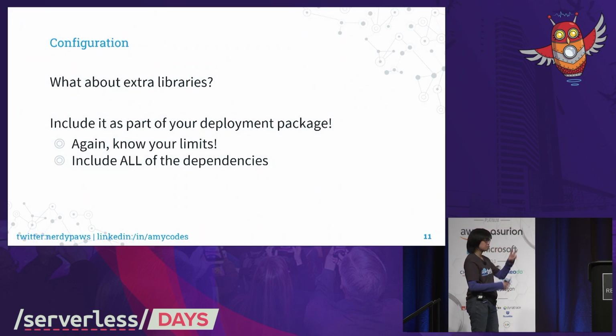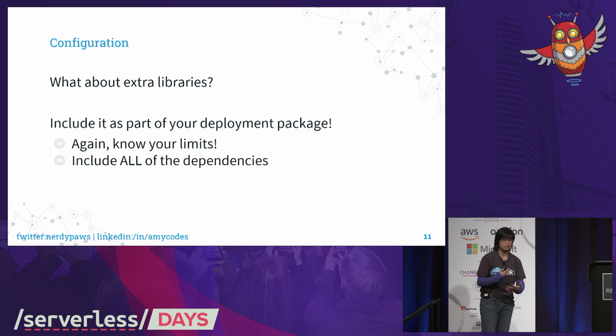But like I said, extra libraries. Those things that we assume when we build on a monolith, it's like, yeah, we can just pump this thing full of libraries. At worst, we're going to ask IT for another hard drive. It's not going to be a big deal. You can include it as part of your deployment package.